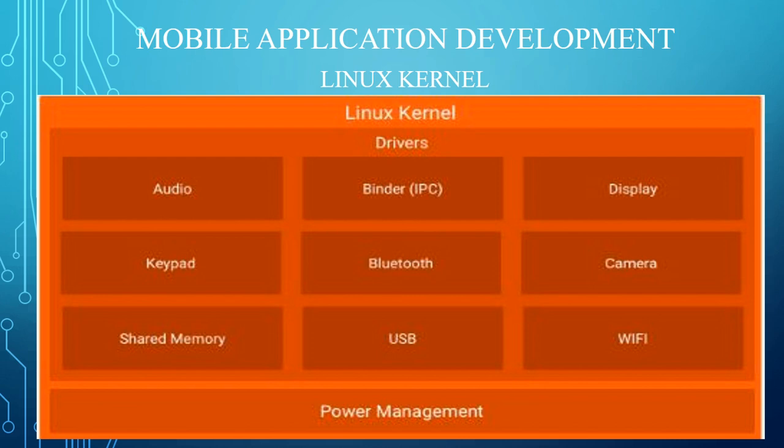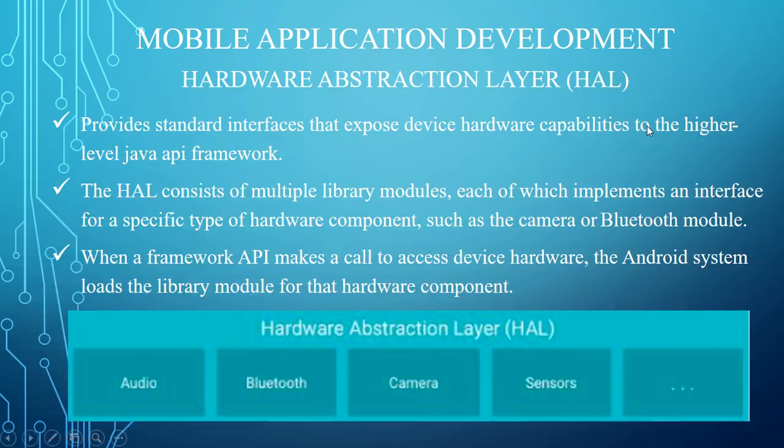So these drivers, we have audio driver, keypad driver, binder, Bluetooth, all those drivers, they allow the physical hardware to perform an action. So a driver is just a software. It's just a set of instructions which tells a hardware device what to do. Right, so I think I'm done with this one.